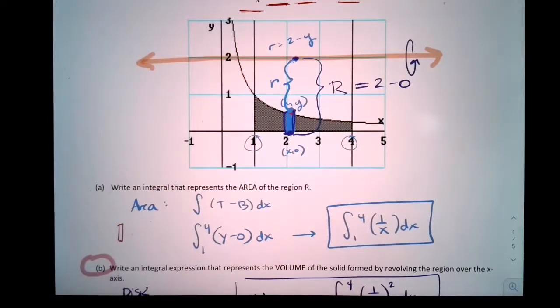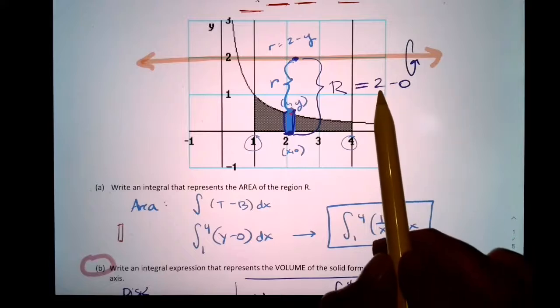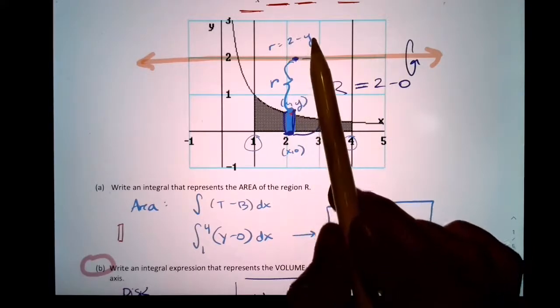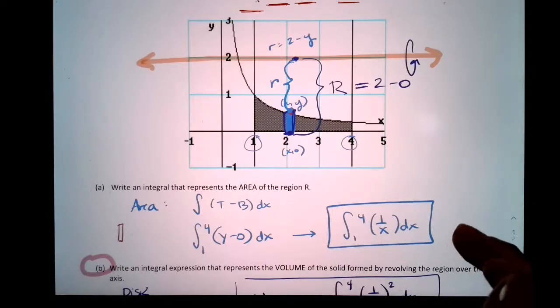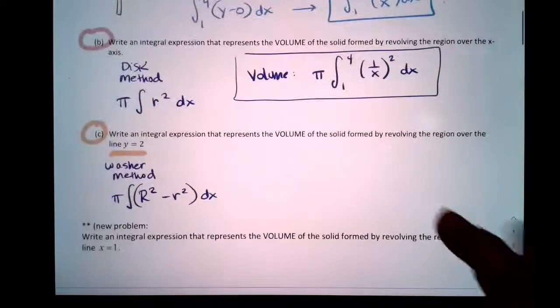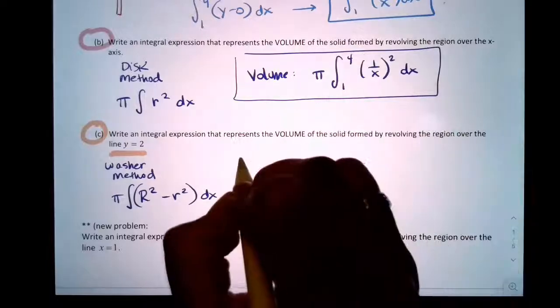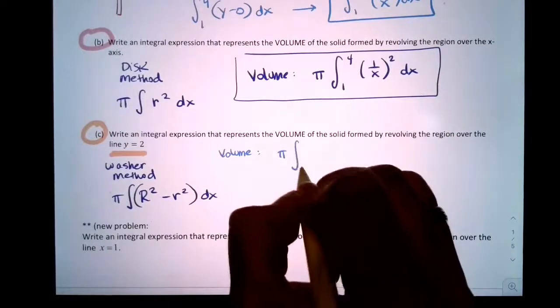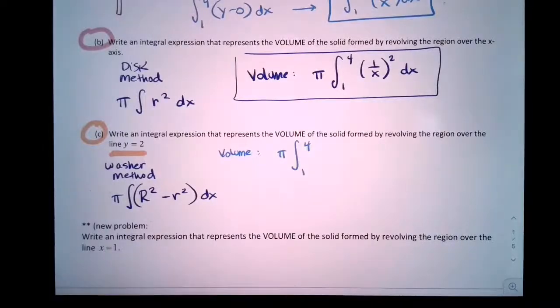So I'm going to use those two things. I have cap r basically as just 2, a fixed number, and I have little r as a variable expression, 2 minus y. So I'm going to put that in my integral. There's my volume. My limits of integration go from 1 to 4.